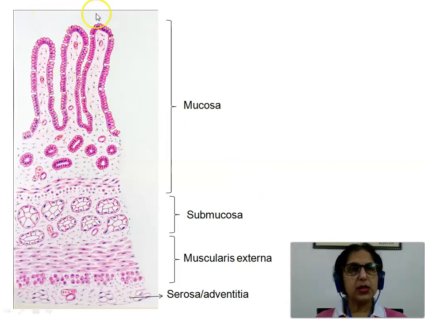What we see here is the luminal surface, and this here is the mucosa made up of lining epithelium, lamina propria, and muscularis mucosae. Next is the submucosa. Then comes the muscularis externa, having the 2 layers, inner circular and outer longitudinally arranged smooth muscle fibers, and outermost is the serosa or adventitia.